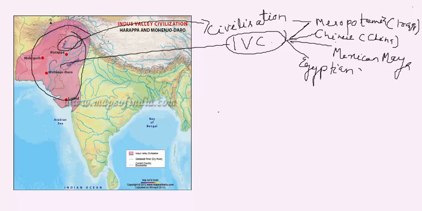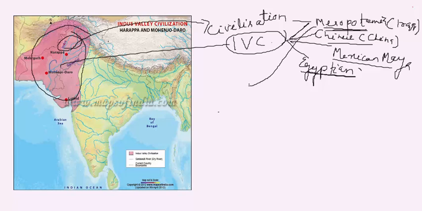But what is common in the Mesopotamian, Chinese, Mexican or Maya, and Egyptian civilizations? Actually, major civilizations around the globe flourished on their respective rivers. So let's discuss a little bit about Mesopotamian civilization.